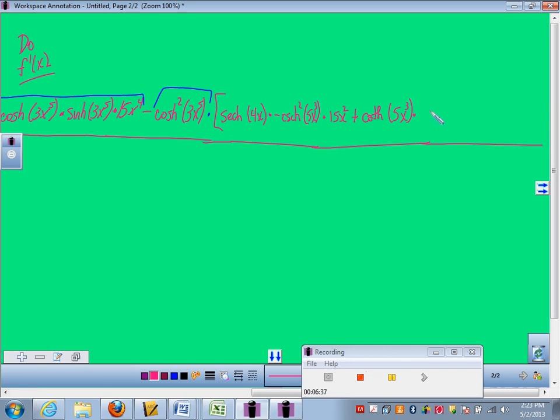So it would be negative hyperbolic secant of 4x tangent of 4x times 4, the derivative inside. And then the part you almost forget. Both squared.